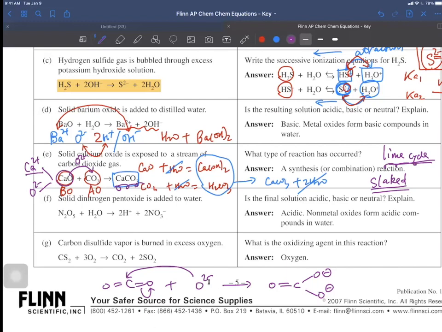Slaked means, I think, adding water, basically. So if you add water to calcium oxide, it will change into calcium hydroxide. So this is called slaked lime, right? Because it contains water.